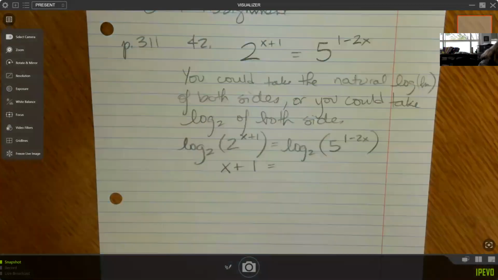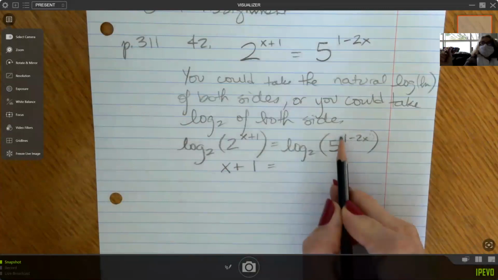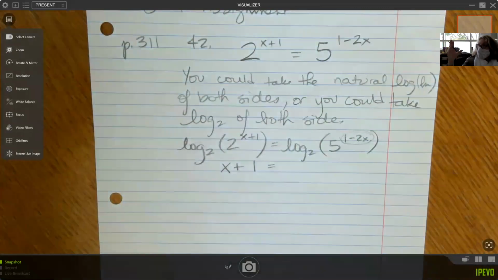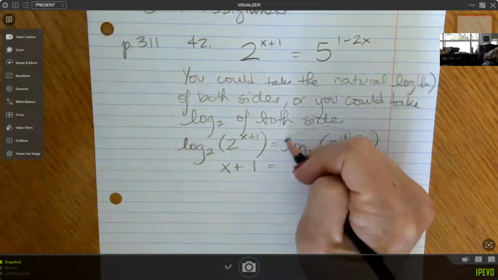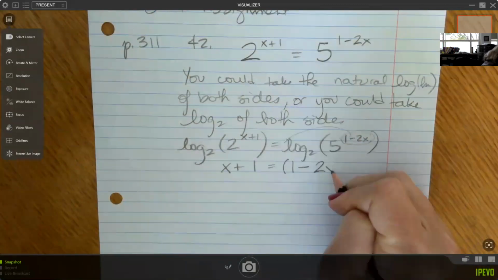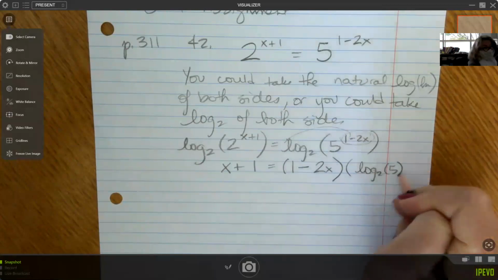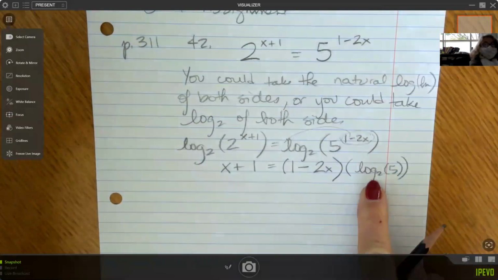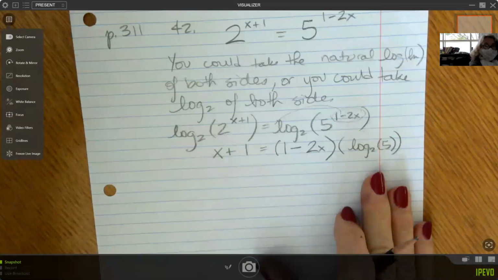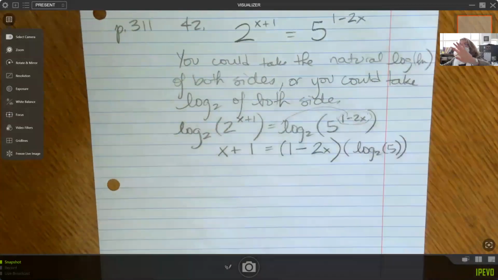Now on this side, the whole reason these logs are powerful is it kind of unlocks the exponent. This gets to come down. So now I'm going to have 1 minus 2x times log base 2 of 5. Okay, I can see it would be kind of almost easier if at this point we switched to a decimal approximation for this, but we're not going to because we're going to leave it in this exact form.